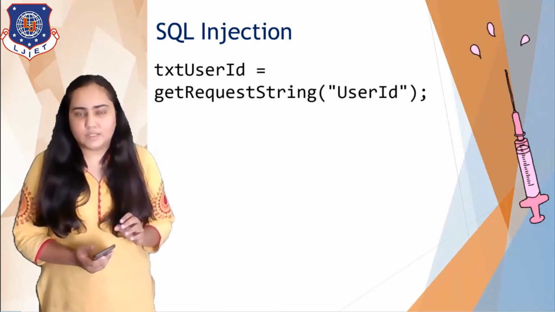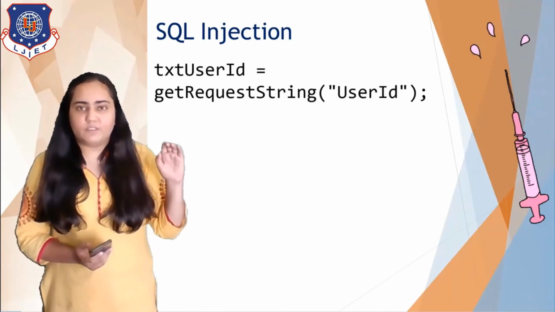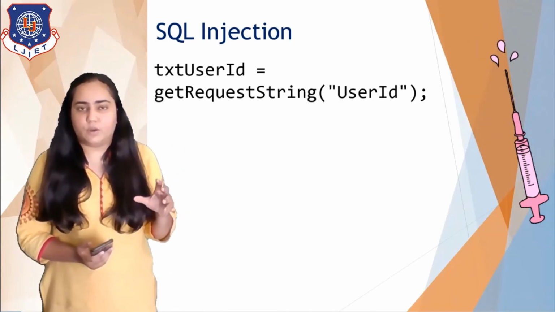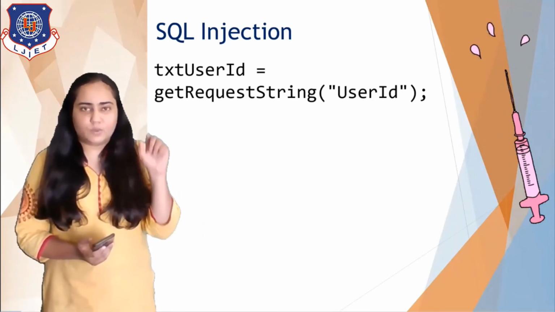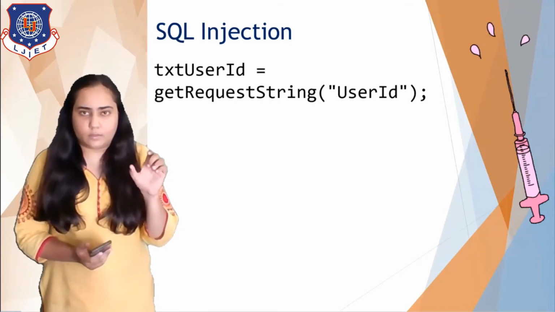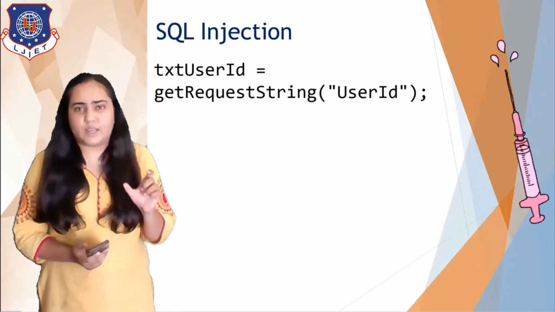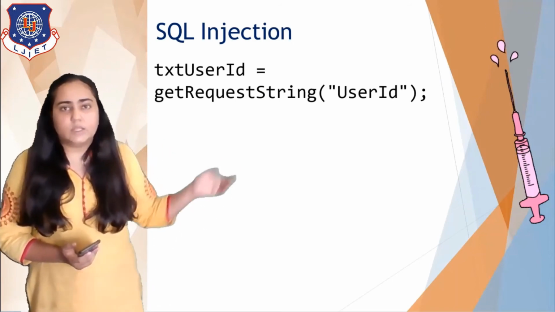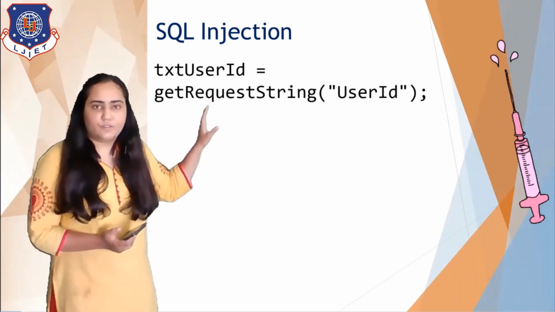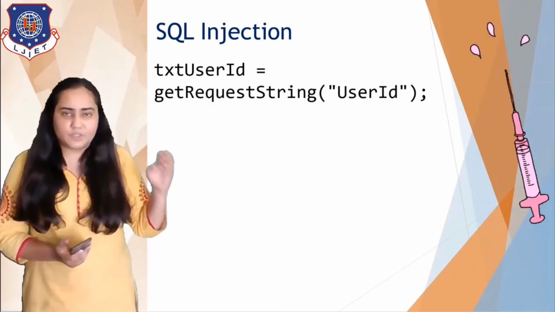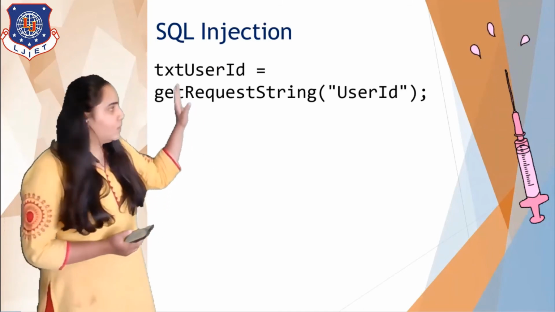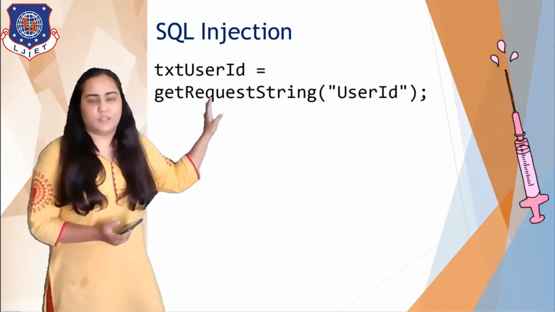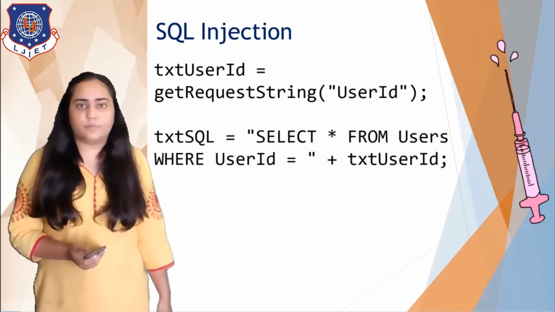You just need to understand that when there's a form involved on any kind of a web page, then on that form you will see a user ID column or user ID section where you enter your user ID. So this particular line of code actually accepts that user ID and then processes it. So this is a code that is written in order to process a user ID.